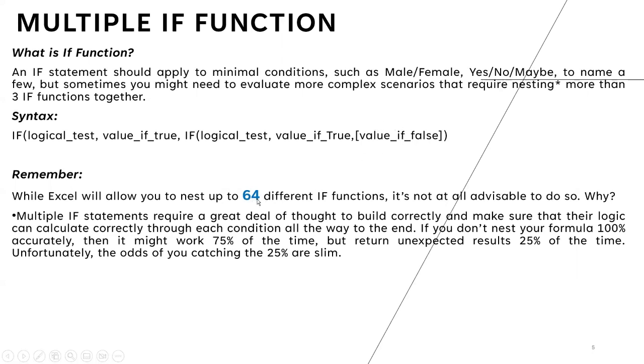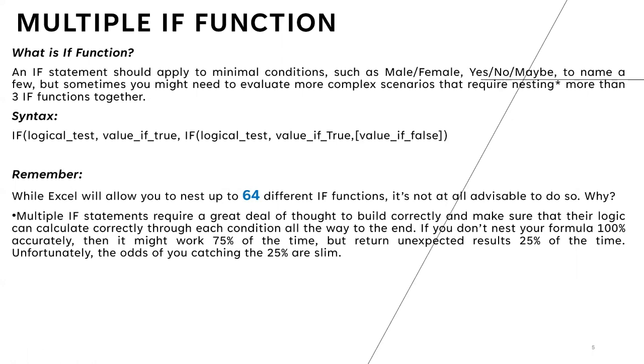So if you are using 64 if functions, then right from the very first if function till the end, you will have to build it in such a way that it calculates through each step accurately. And if you don't nest your formula 100% accurately, there is a very high chance that 75% of the time you will get the result you are expecting, but the remaining 25% of the time it may not give you the expected results.